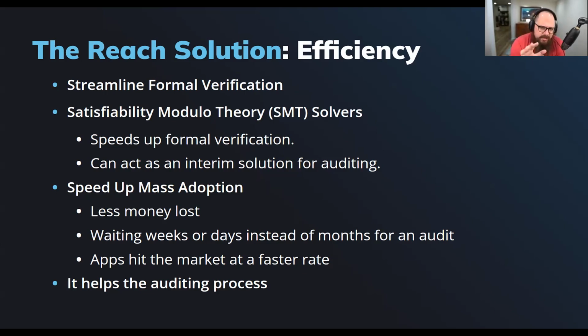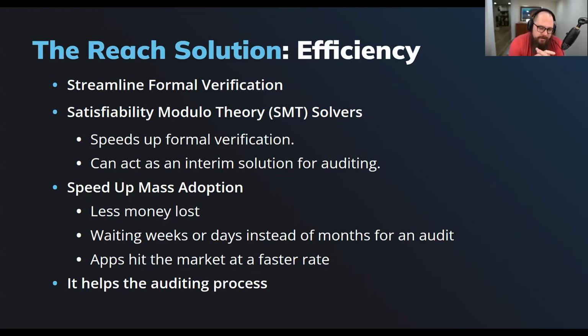This is not testing. This is like testing on steroids, because I always tell people, and this is a quote from Dijkstra, the only thing that testing can prove is the existence of bugs, not the absence. But formal verification can actually test your application in all potentialities to make sure that it does what you expect.